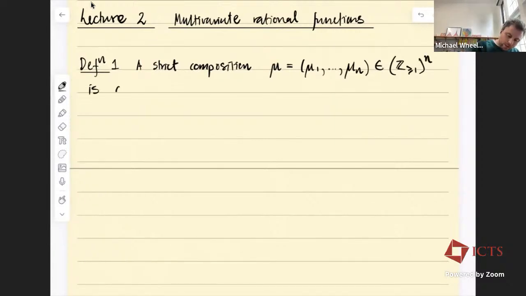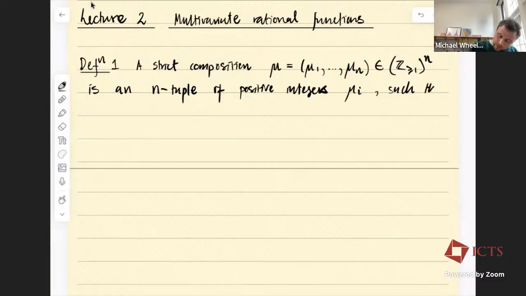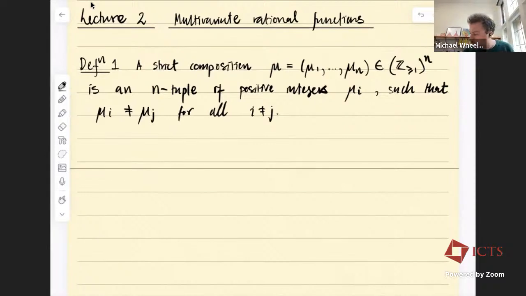So this is just an n-tuple or an n-vector of positive integers mu_i such that mu_i is not equal to mu_j for all i not equal to j. So it's basically tuples of positive integers that have a pairwise distinct property.